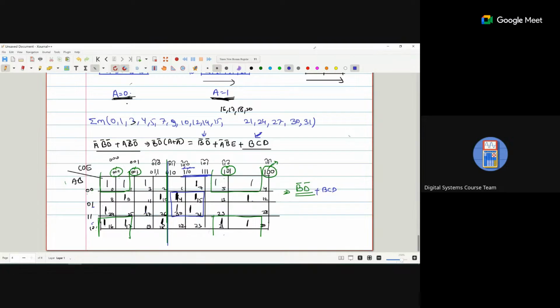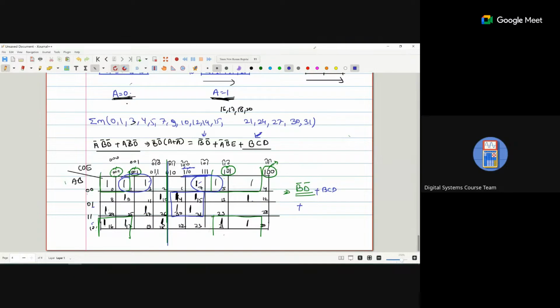So now we can create this group of 2 with this group of 2. Okay, and this one is covered, this one is covered.